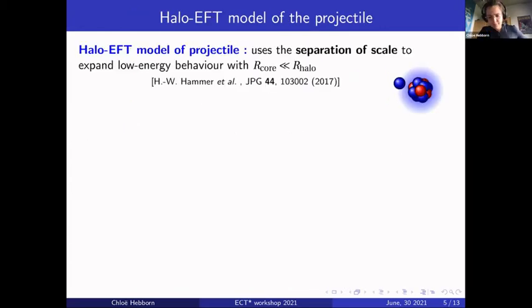So let me now explain how we model the halo nucleus. Daniel already introduced halo EFT, so this will simplify this slide. We model the halo nucleus within a halo EFT approach, and as Daniel explained, this approach uses the separation of scale that there is between the size of the core and the size of the halo.